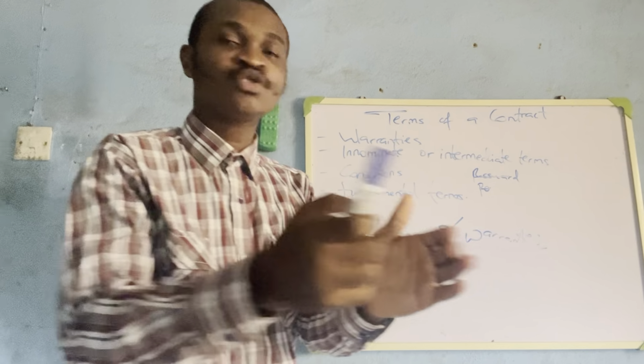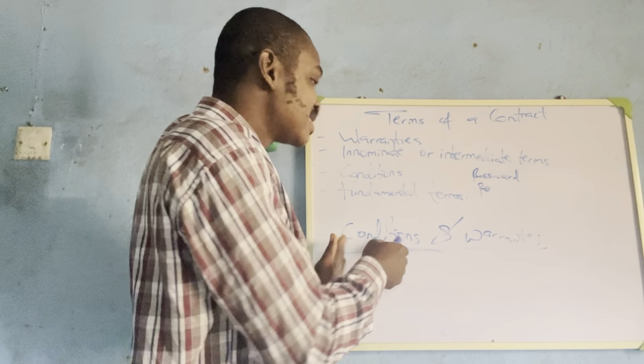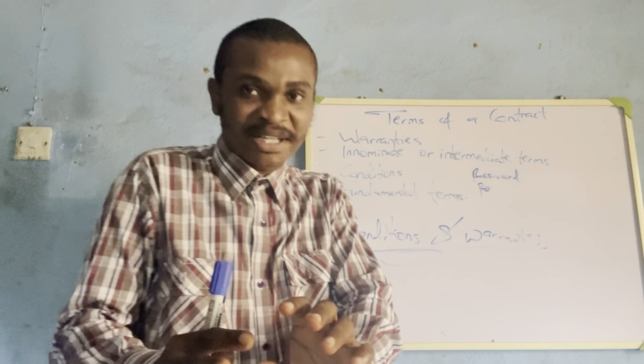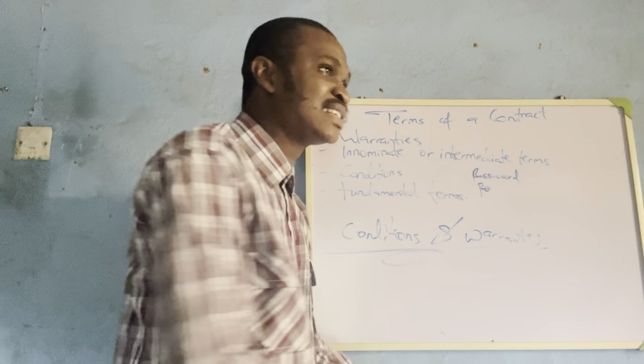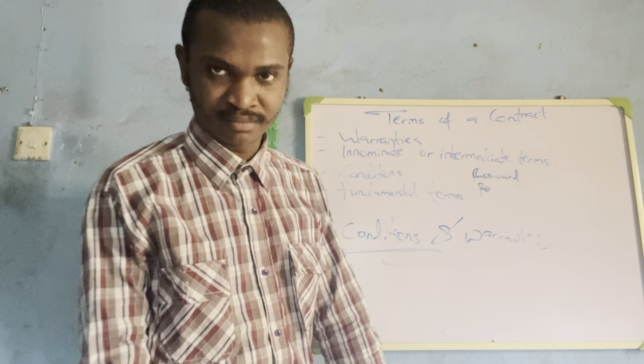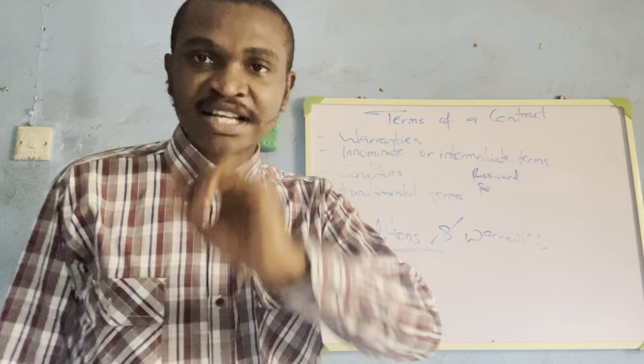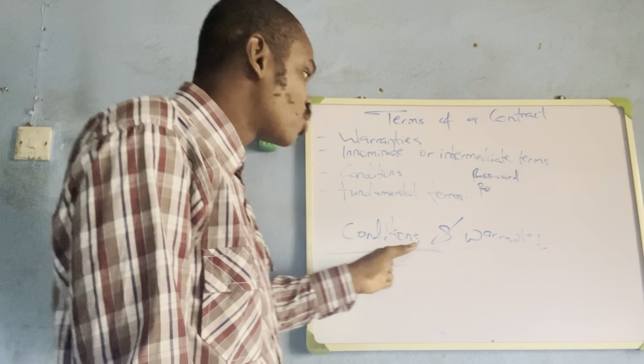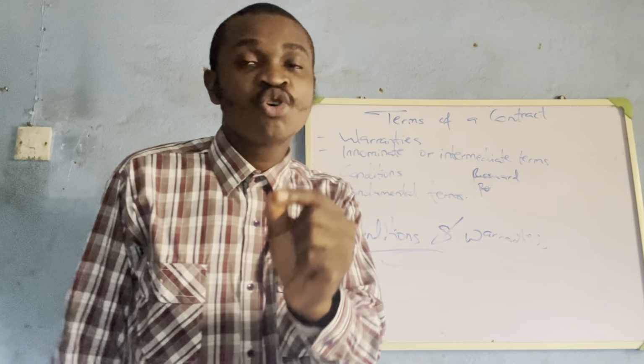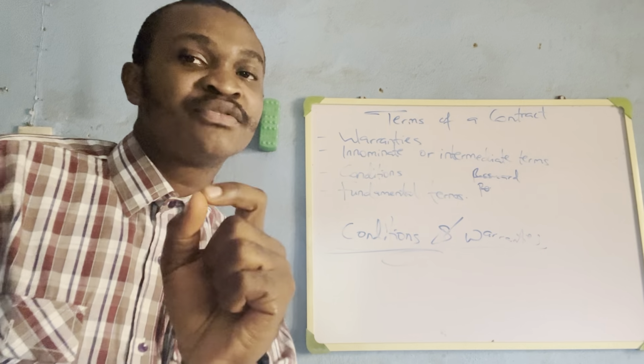we will also have to note that conditions are essential to a particular contract, while warranties are just collateral to it. And for you to know the difference, it is important you know the difference between conditions and warranties so that you would know what happens when any of them is breached.